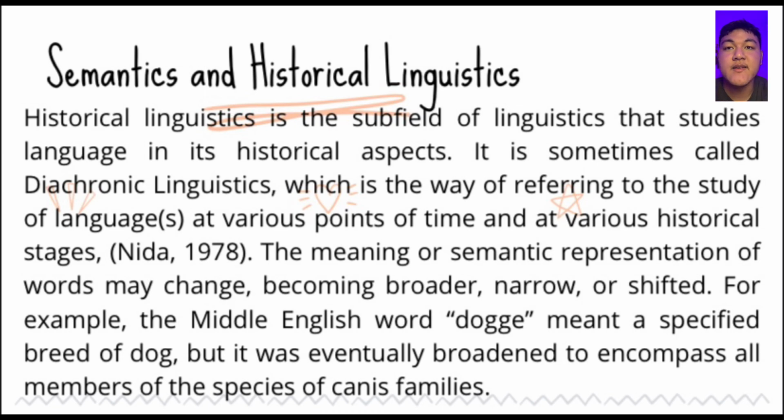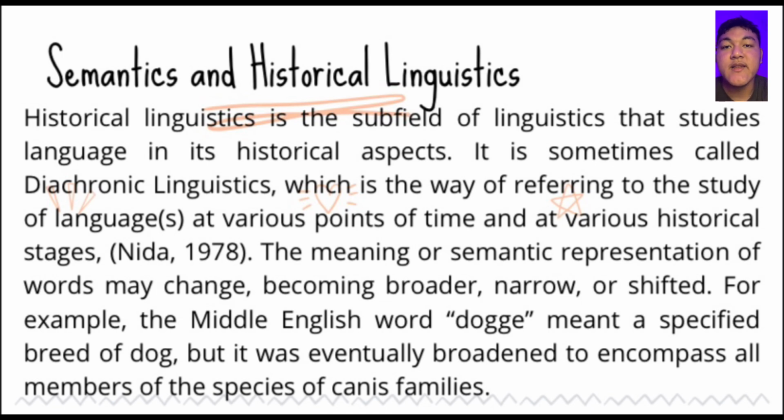The next material is semantics and historical linguistics. Historical linguistics is the subfield of linguistics that studies language in its historical aspect. It is sometimes called diachronic linguistics, which is the way of referring to the study of language at various points of time and at various historical stages.